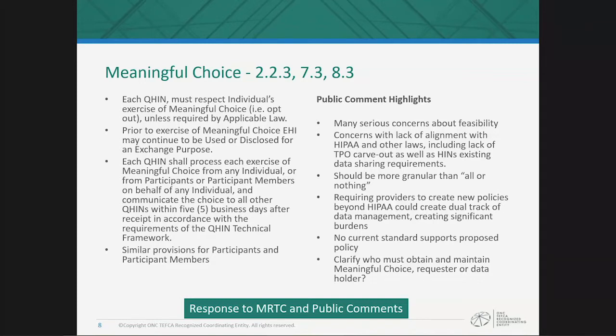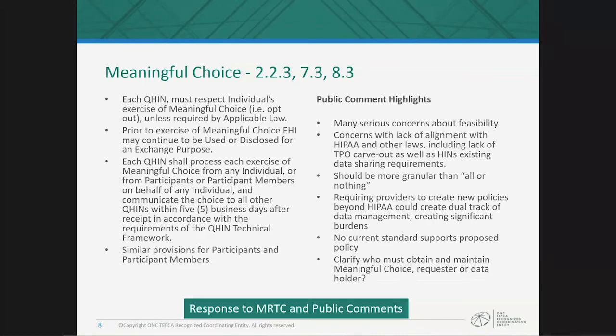But otherwise, I think the MRTCs really elevate the legal significance of individual choice, and an individual's exercise of their meaningful choice. Now, the MRTC also says, look, we understand that people will sometimes change their mind. They'll opt in and then they'll decide to opt out, which is the problematic one sometimes.